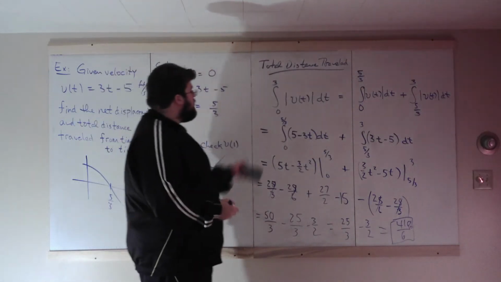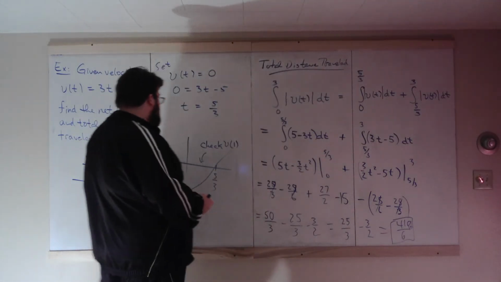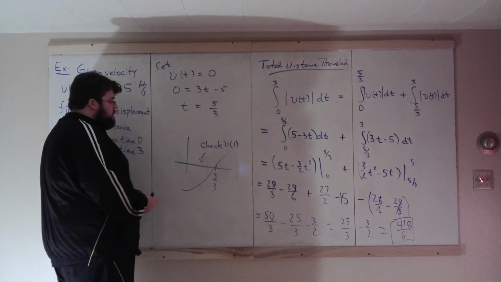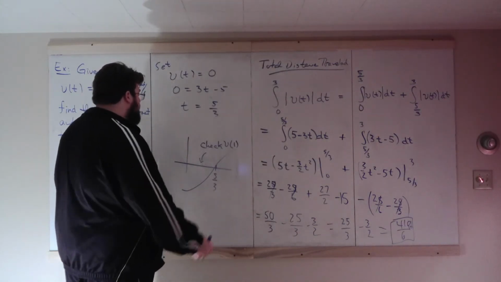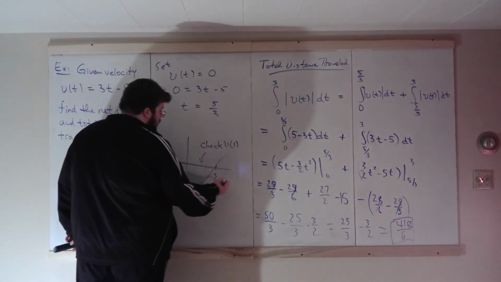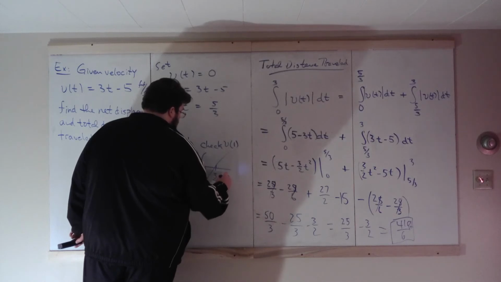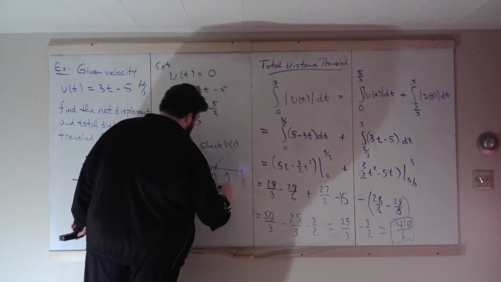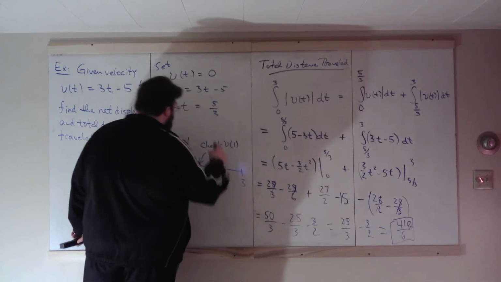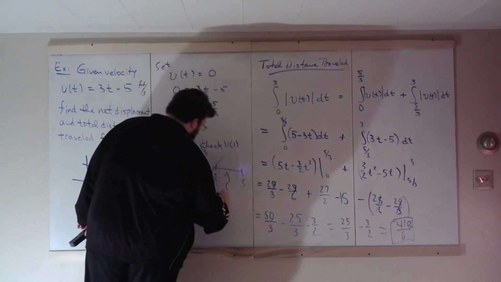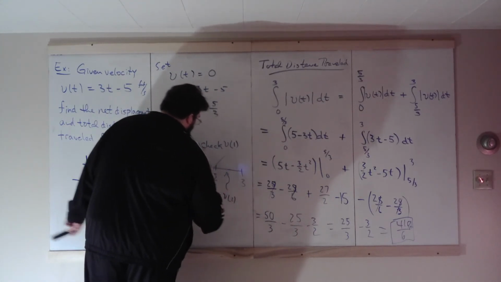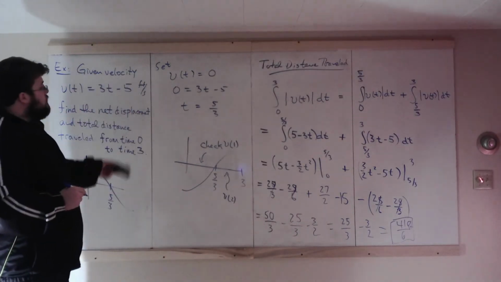I would steer clear from using the endpoints. But to figure out which piece is positive or negative, check what happens at 1. And over here, we don't want to check 3 because that's an endpoint. Well, we really could because of this, but I would avoid that. And then check velocity at 2.